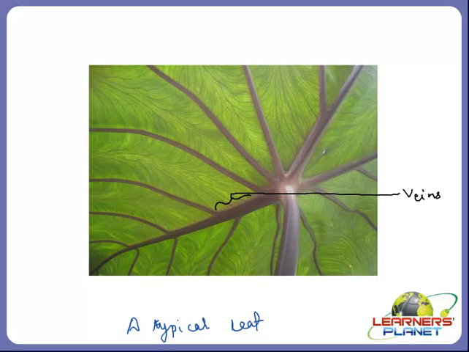But what is lamina? Yes, this is lamina. Lamina means the flat green portion of the leaf is called lamina or leaf blade.